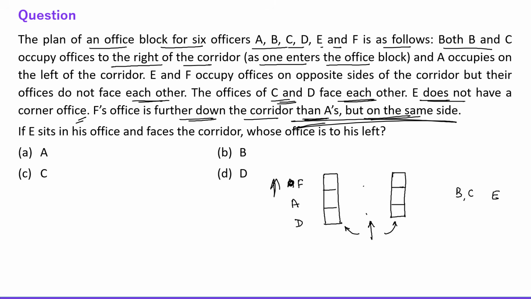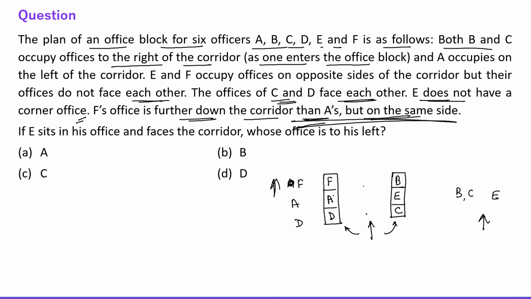So E will be on the right side, and E's office is not on the corner, so E will be sitting in the middle. C and D are facing each other, so C will be here and D will be here. A and F will be here and B will be here.